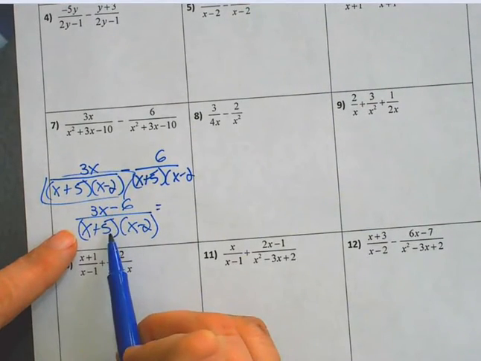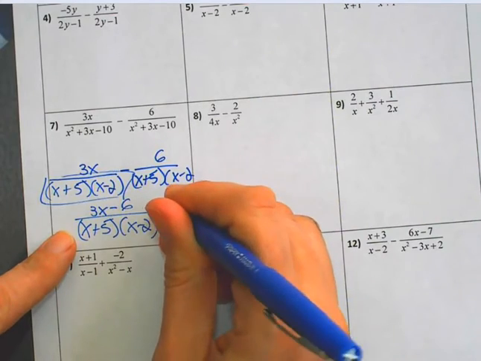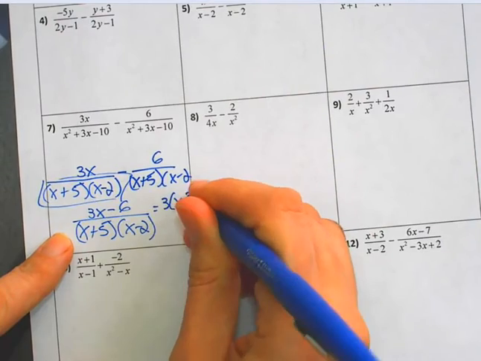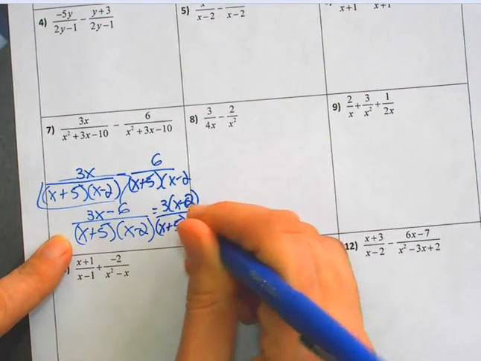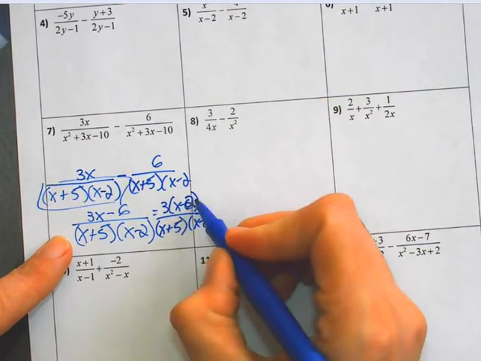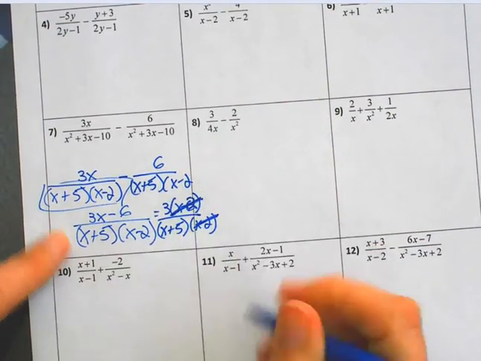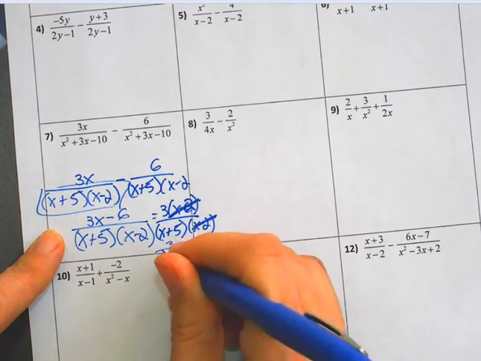We already factored our denominator, so if you look here, I could take a 3 out, so that's going to leave me 3 times x minus 2 at the top, and then x plus 5, x minus 2. Notice I have x minus 2 at the top, x minus 2 at the bottom, so I can cross that out. So then my final answer is 3 over x plus 5.